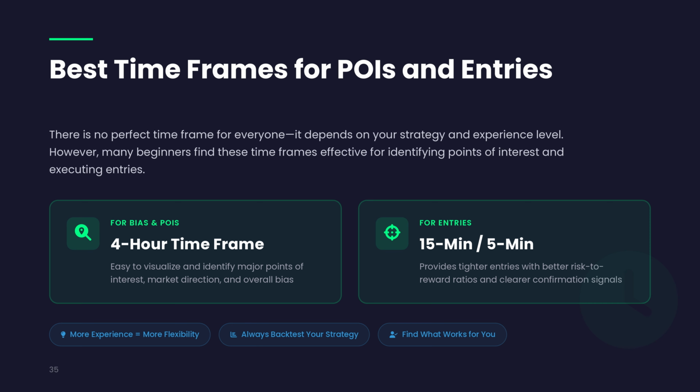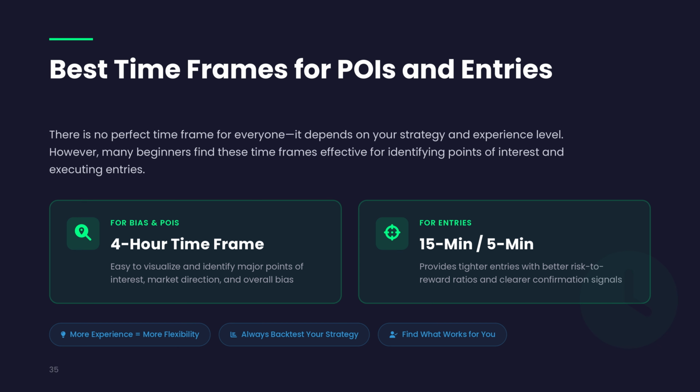I've seen traders start with daily, 4-hour and 1-hour configurations, and years later they're trading comfortably on 15-minute, 5-minute and 1-minute setups. Both approaches can be profitable. It's about matching the time frames to your current skill level.